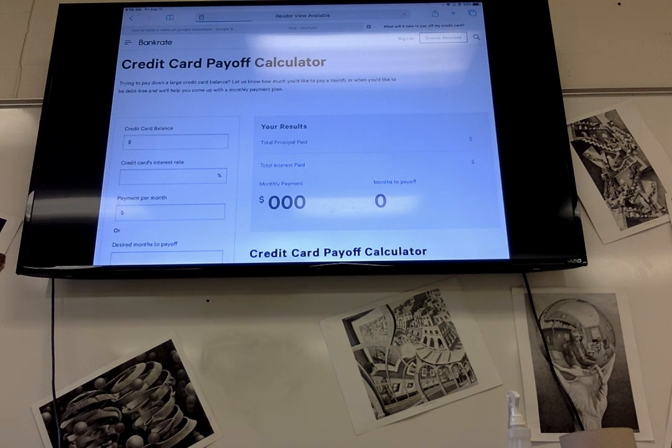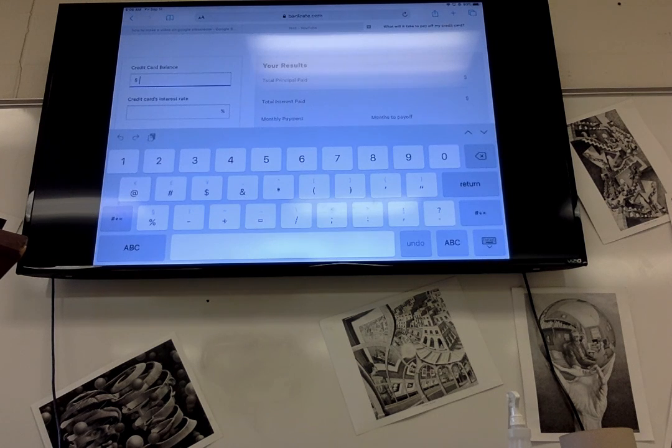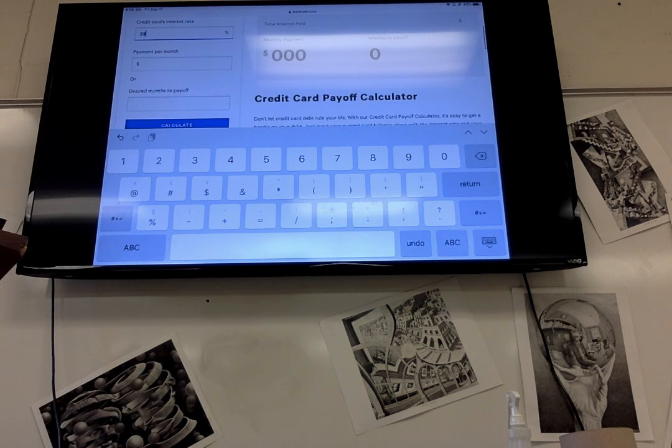But the website is found on your Google Classroom. So the credit card balance would have been $24.99. The interest rate is at the top of that sheet. It was 29%. And then we want to pay it off in 12 months.